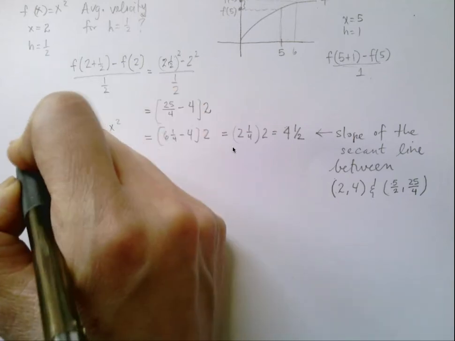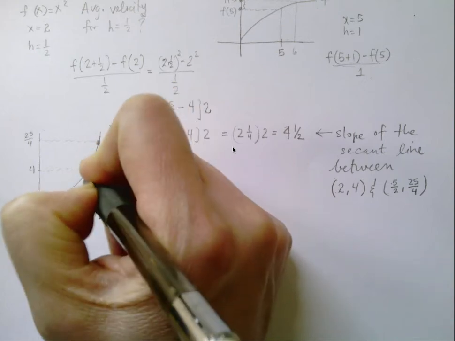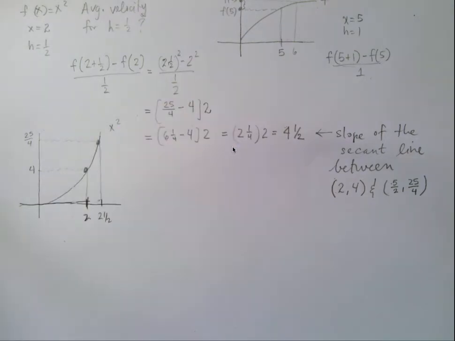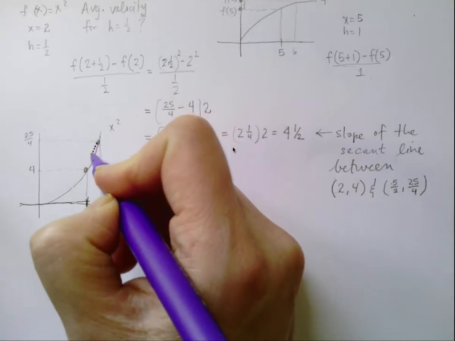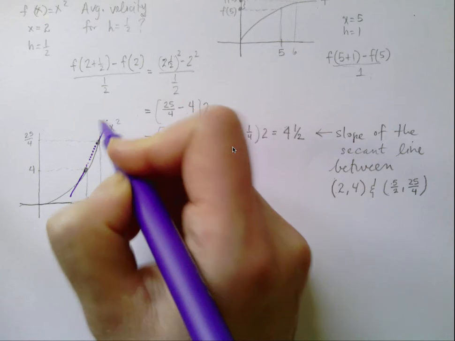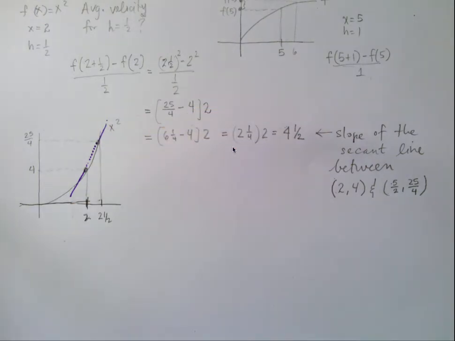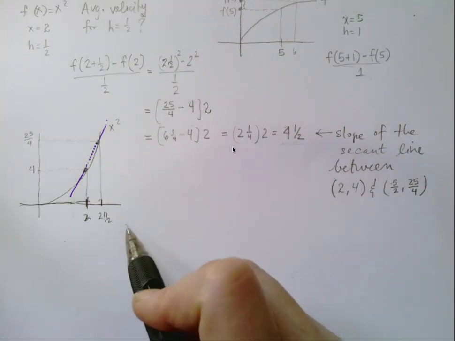And here's my value, 25 over 4. And there is a line connecting these 2 points. This is the secant line. Okay. And this is the slope of this secant line.